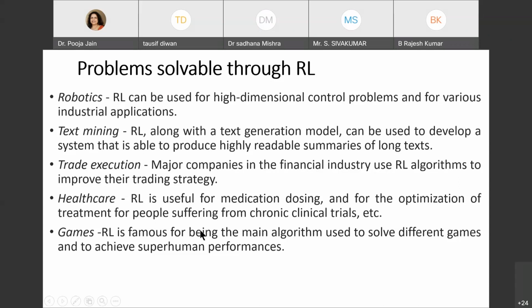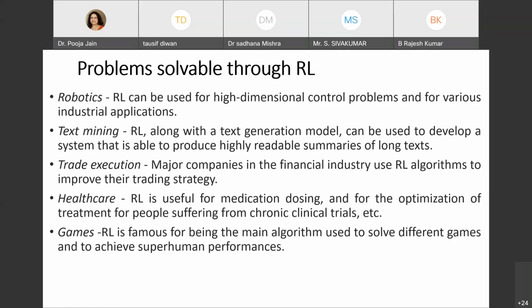Gaming is the field where reinforcement learning is mostly used. Suppose we take a Sudoku puzzle, or a tic-tac-toe example, or chess playing, where you make the first move, then your opponent makes a second move based on your move.